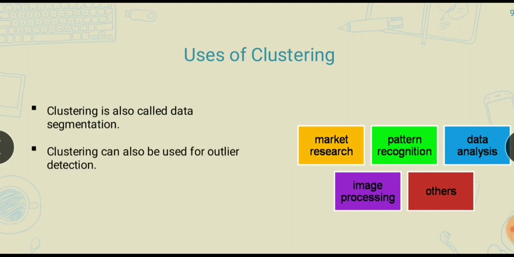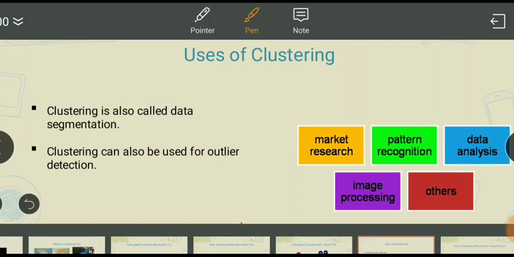Then clustering can also be used for outlier detection. Firstly, what is an outlier? An outlier is a value that is far away from any cluster. That is, outliers are values that are not similar to any of the clusters, or are as dissimilar as possible to other clusters.